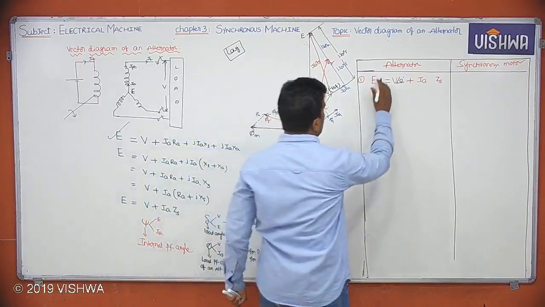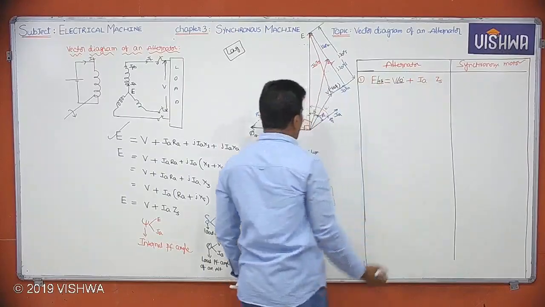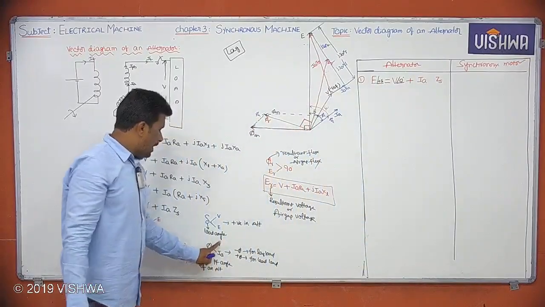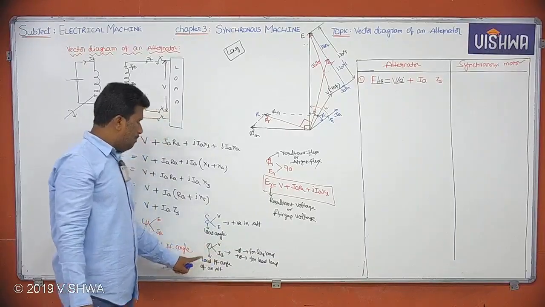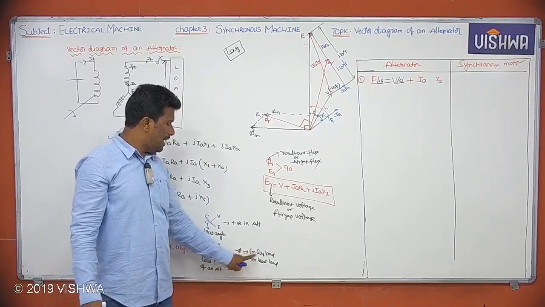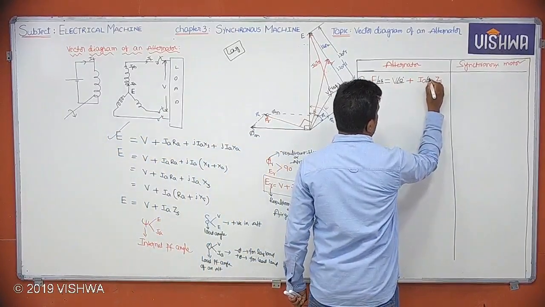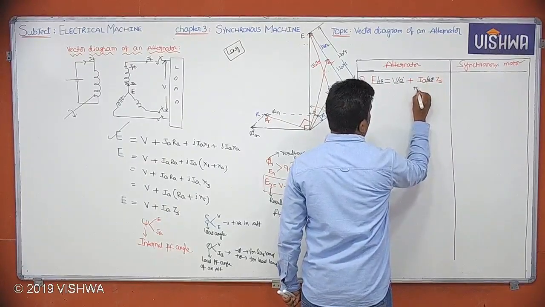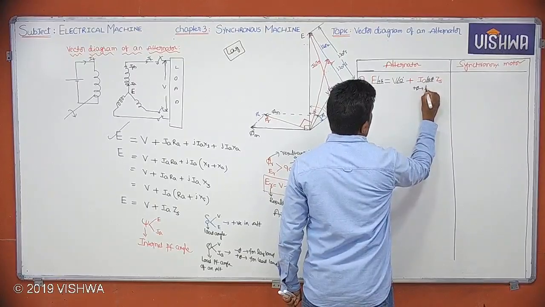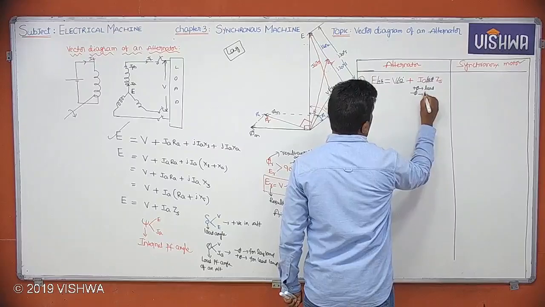Therefore, I can write here plus delta. And what about IA? The angle between reference vector V and IA is nothing but pi. Plus pi is for lead, minus pi is for lag. So I can write here plus or minus pi.